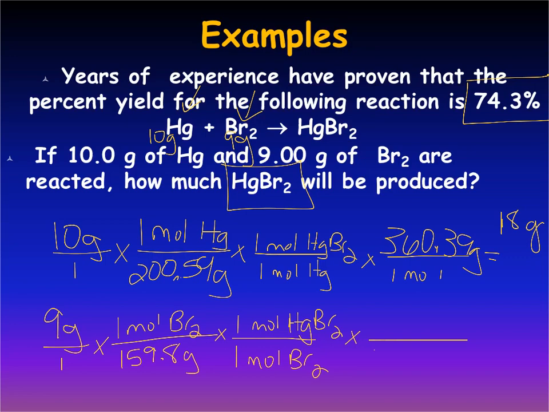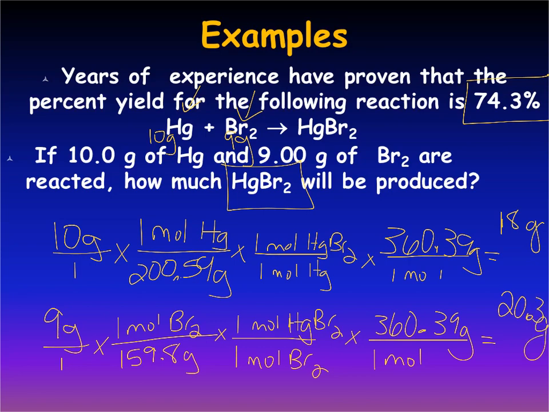And then last, my molar mass of my HgBr2, which I had for my previous problem. Perform the math, and let's see what our answer is. So I got 20.3 grams.